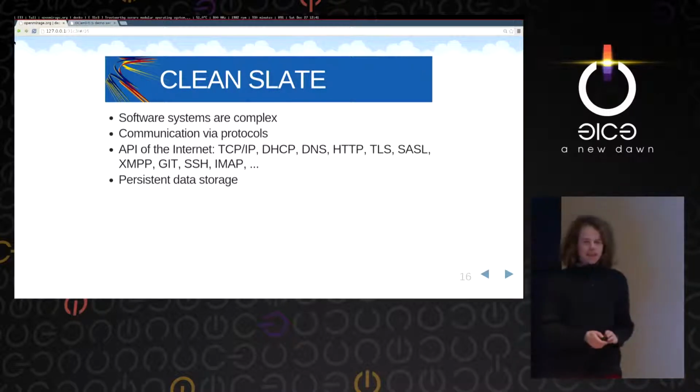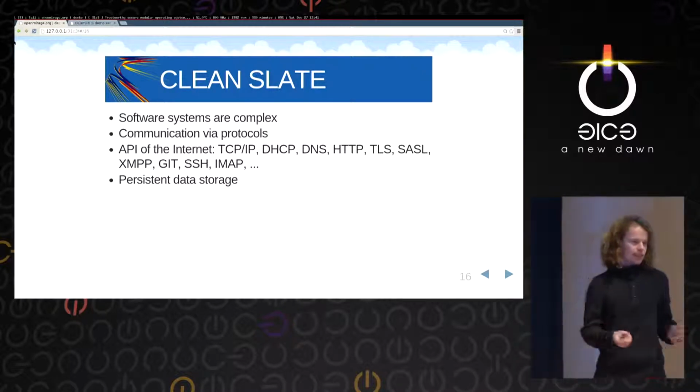So software systems are complex. Yes, today's communication interfaces are complex because we have a variety of computers. But fortunately, the communication is done via protocols, which are more or less standardized or formalized by the IETF and so on.